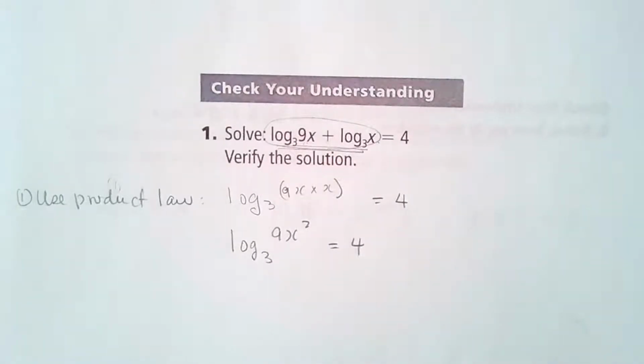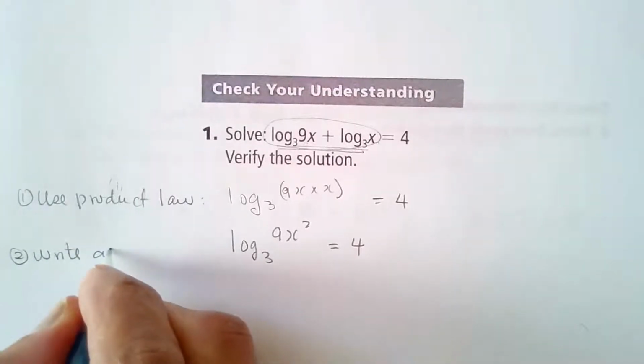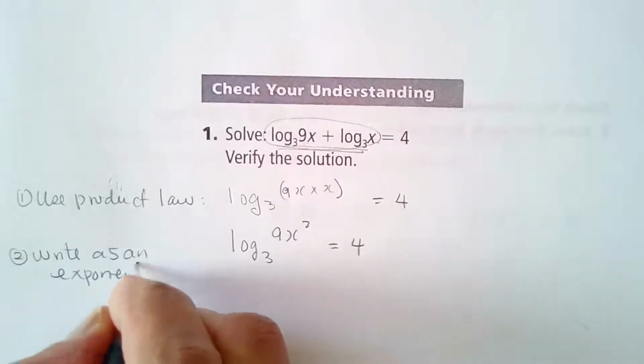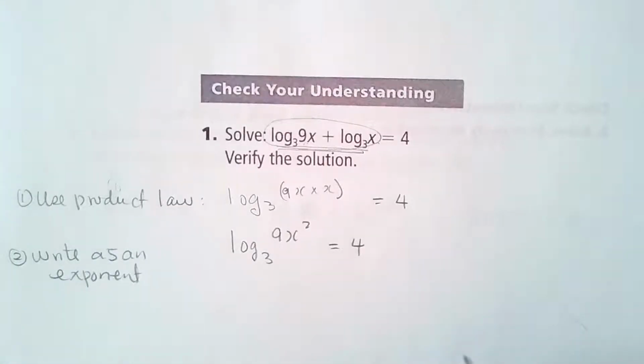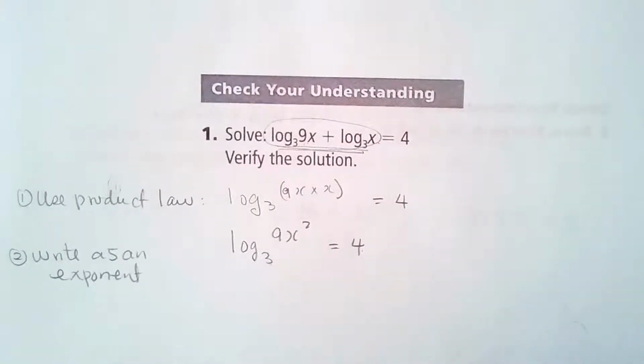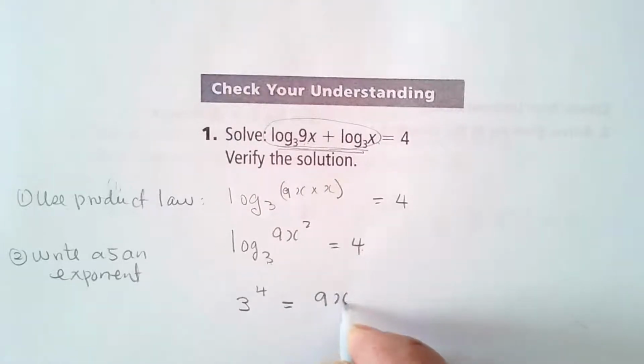Now, this looks very familiar. We have a log. We are going to write it as an exponent. So next step, write as an exponent. So this is your base. This becomes your exponent. So the log is an exponent of an exponential function. So we have 3 to the power 4 is equal to 9x squared.